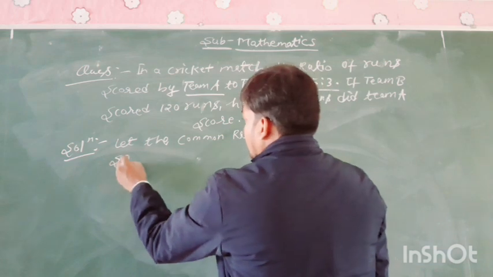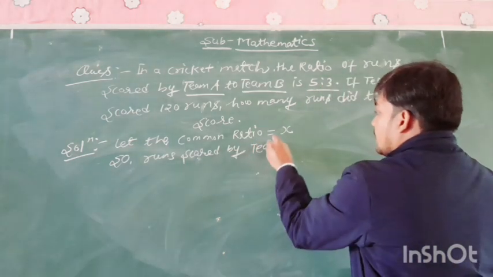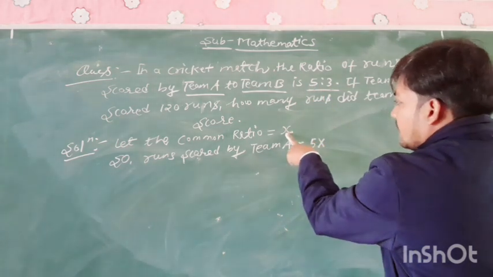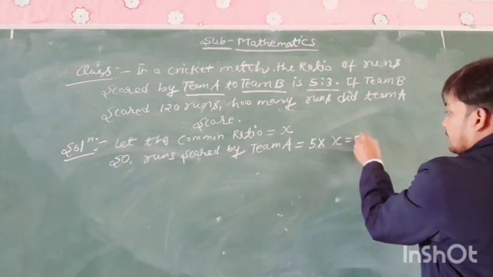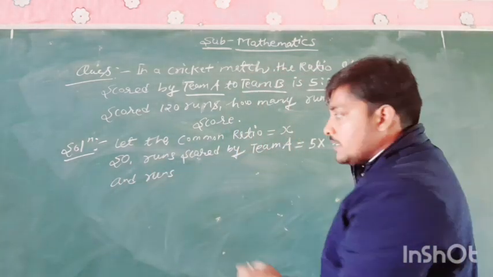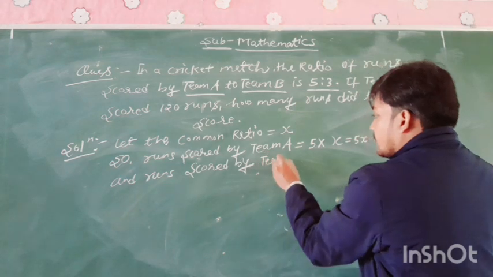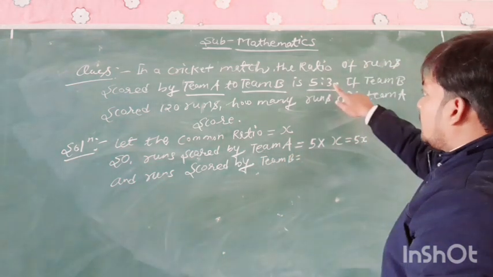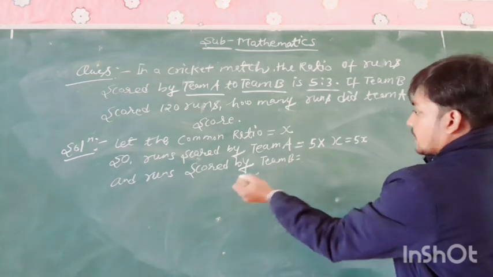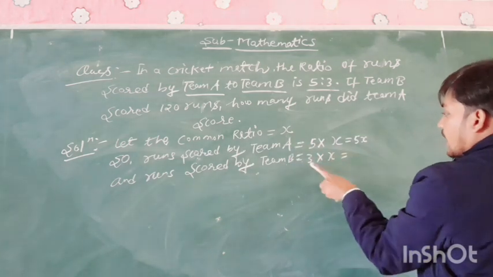So the runs scored by team A is equal to 5 into the common ratio x, which is 5x, and the runs scored by team B, which in the ratio is 3, is equal to 3 into the common ratio x, which is 3x.